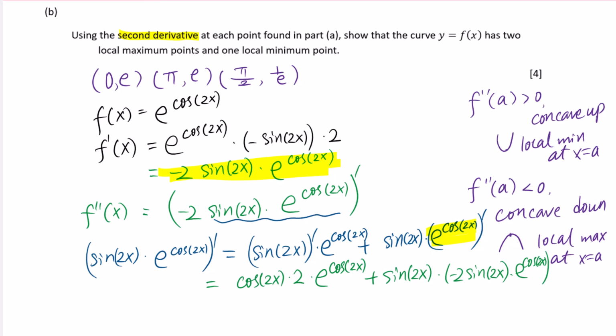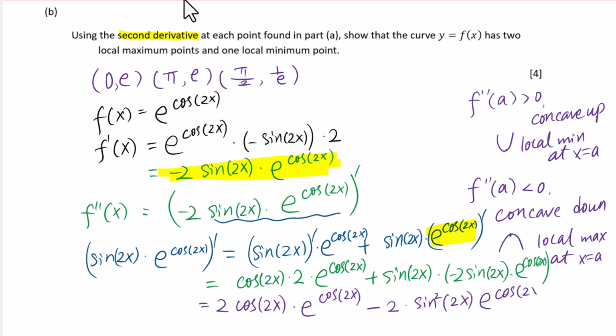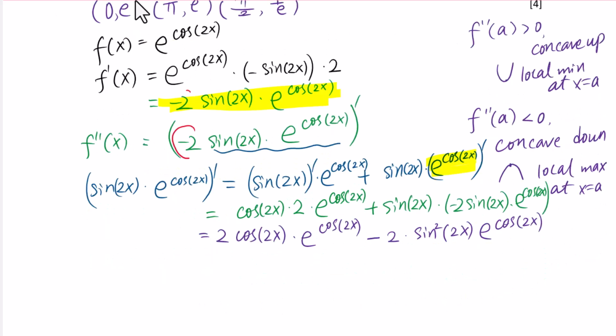Organize. Equals 2 cosine 2x times e to the power of cosine 2x minus 2 times sine squared 2x times e to the power of cosine 2x. Then we multiply by -2 so that we can get f double prime of x.